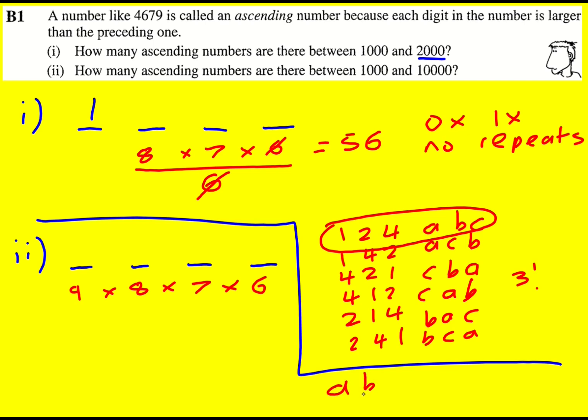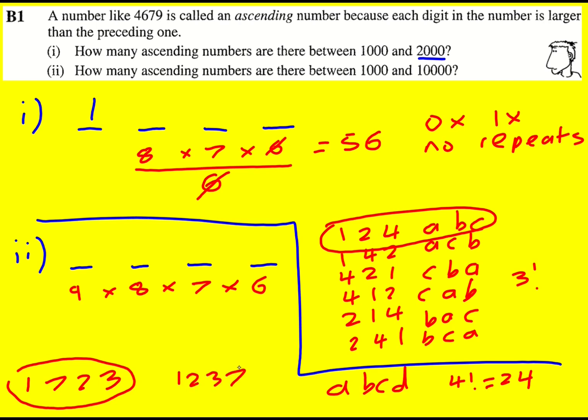Now this time for my A, B, C, D, there's actually 4 factorial or 24 ways of arranging. So for a given set of digits, let's say I have 1, 7, 2, 3, there's 24 ways of arranging this, but there's only one way when it will be ascending, 1, 2, 3, 7.